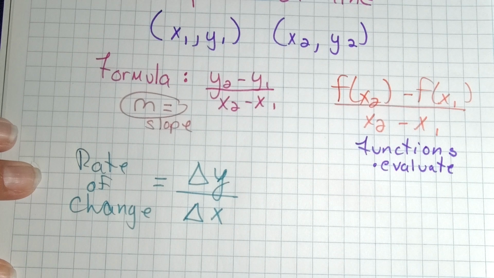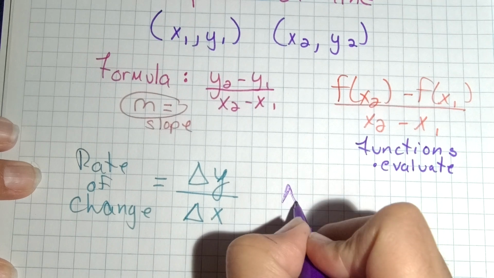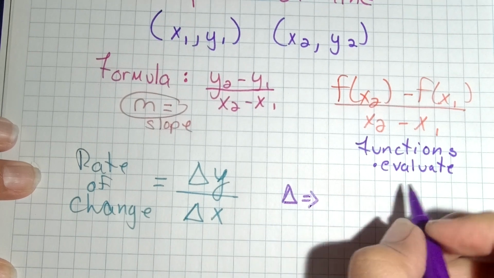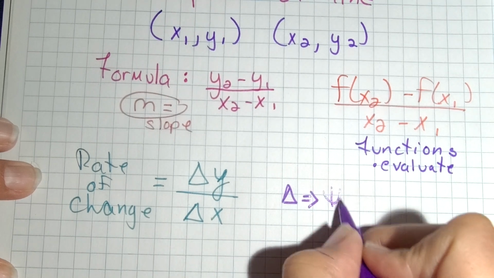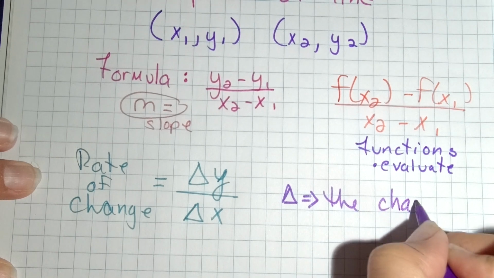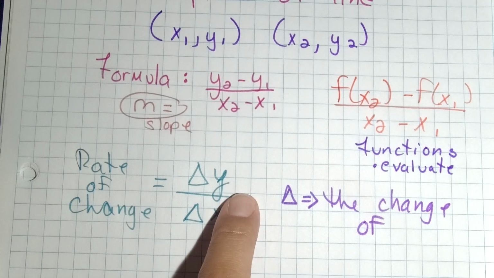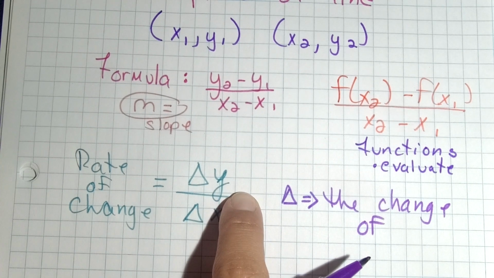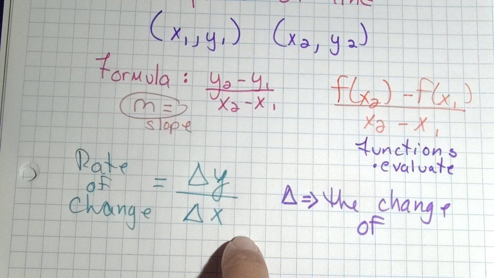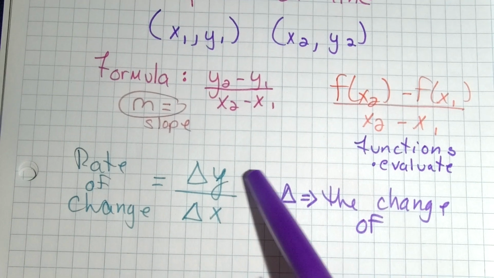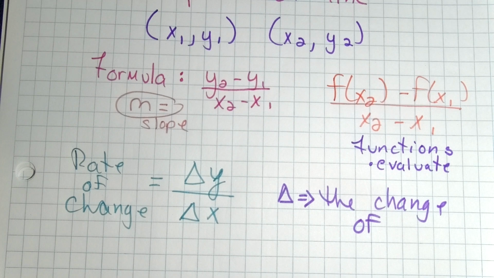The delta, or as you guys call it, the triangle, means the change of. So we're going to be looking at the change of the y values divided by the change of the x values. We're going to do change of y divided by the change of x.